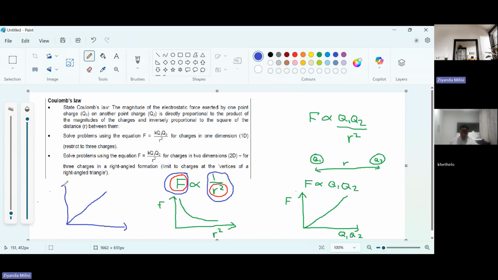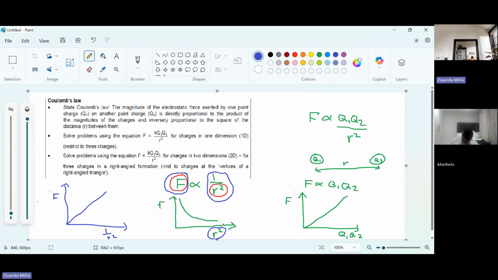If you treat it like that, you can tell that F is directly proportional to 1 over r squared, the inverse of r squared. Okay?